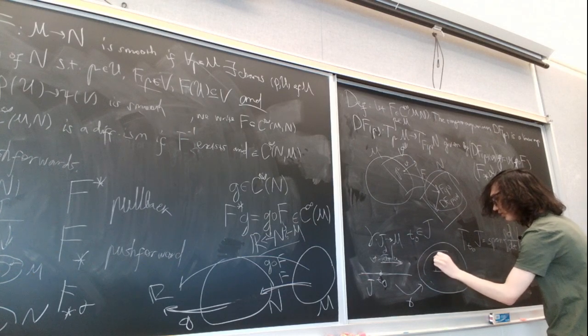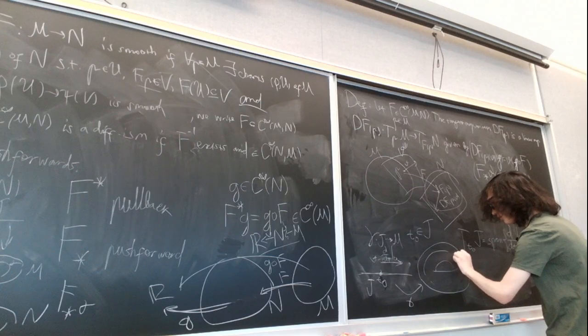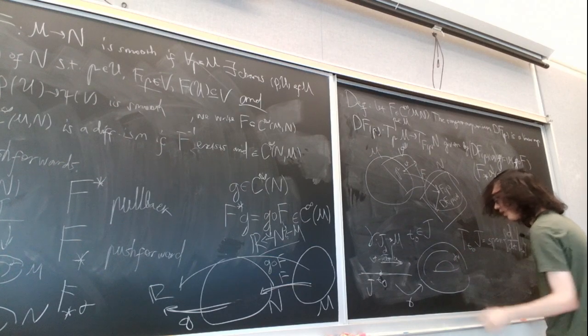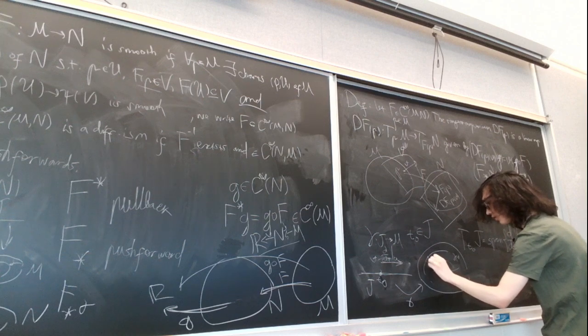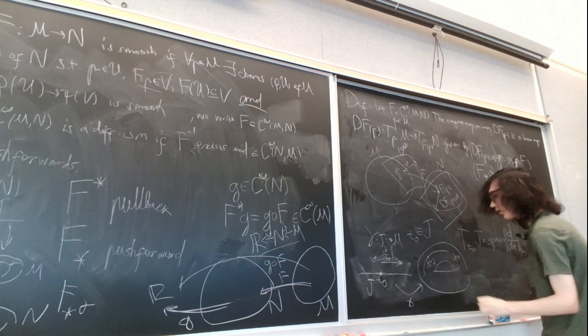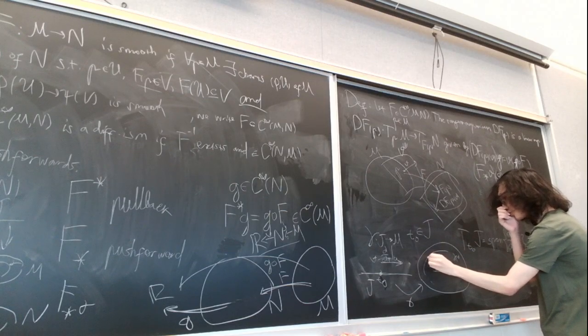It's gamma of t, and gamma at t0 is our point.